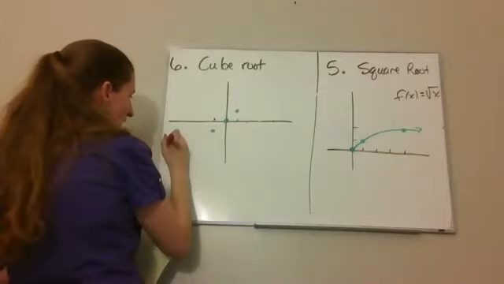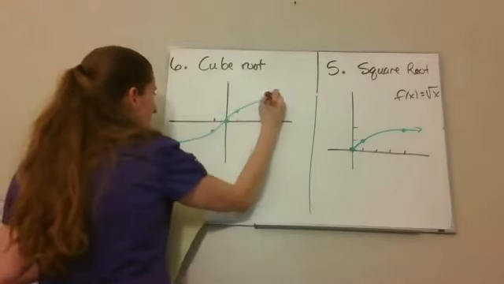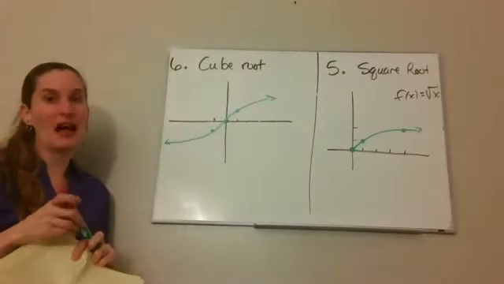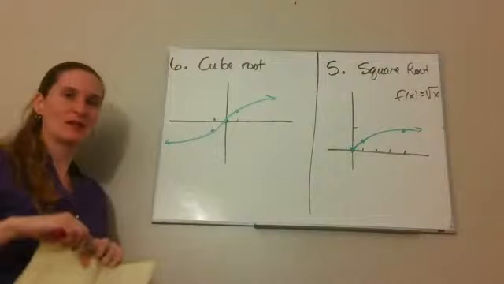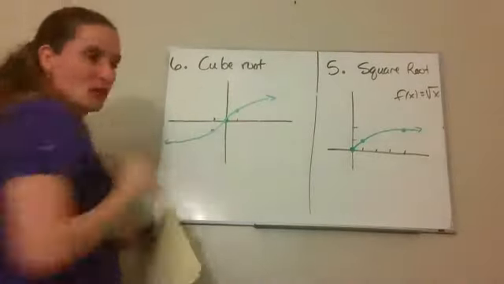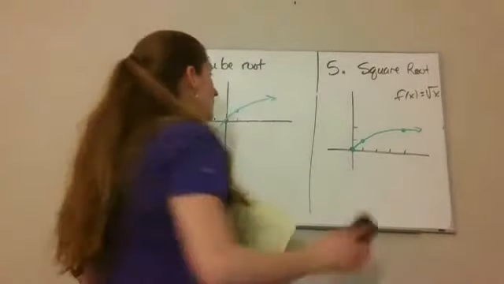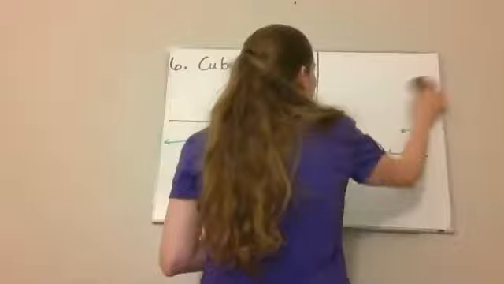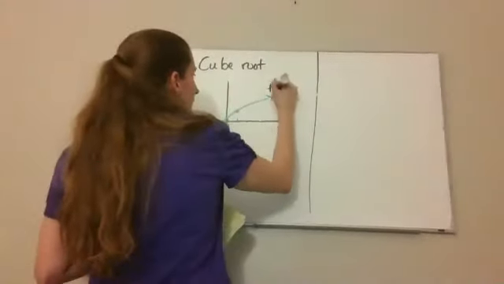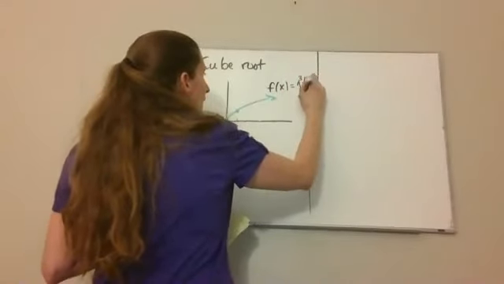It kind of looks like the cube function, except it's been flipped over. So it's a lot flatter than what the cube function is, but still makes kind of a weird S-type shape. It's just flopped over on its side a bit. So that one again is f of x equals the cube root of x.